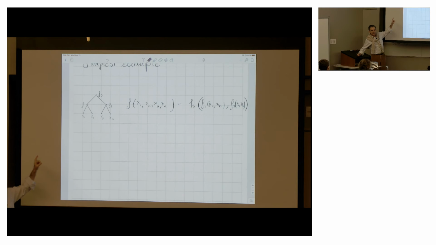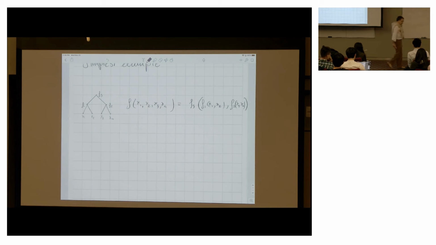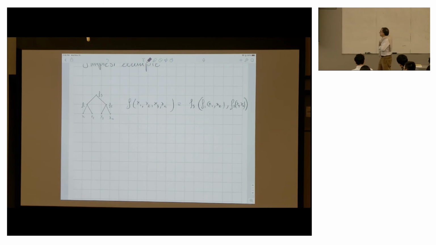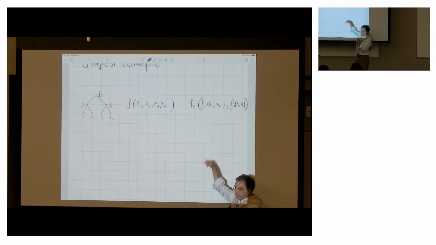It depends linearly on the dimensionality. Each of the functions has an exponential dependence on dimensionality, but the dimensionality is only 2. So we'll write this down. This is an example of a function where you can avoid the curse of dimensionality. I'll show that if you have a deep network that has a similar deep structure.